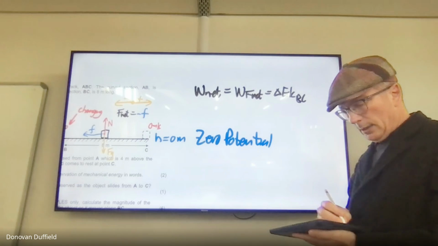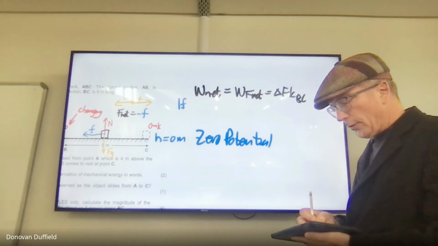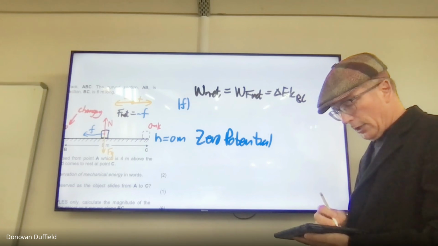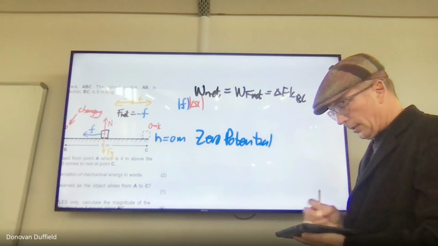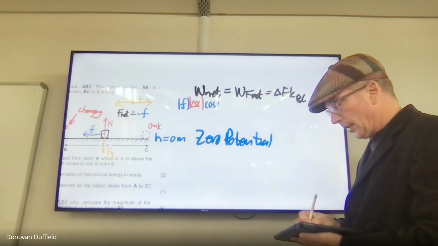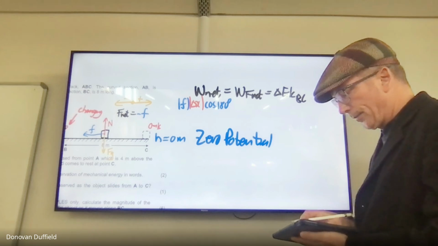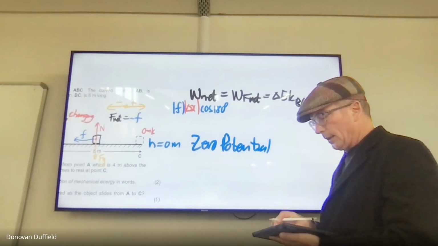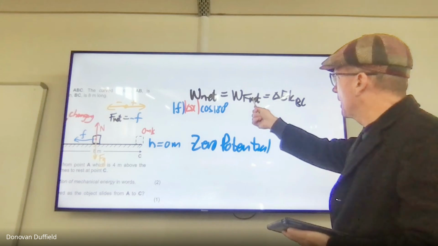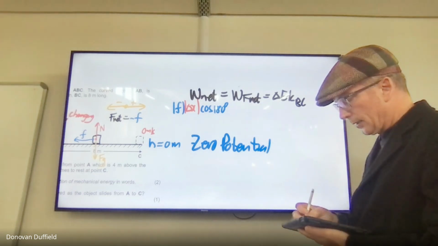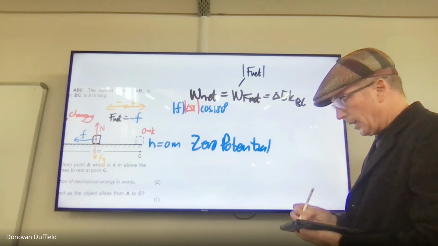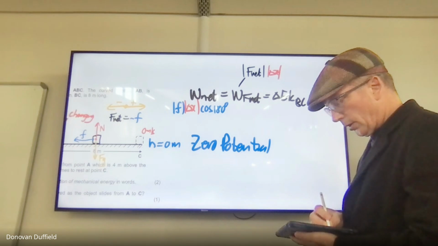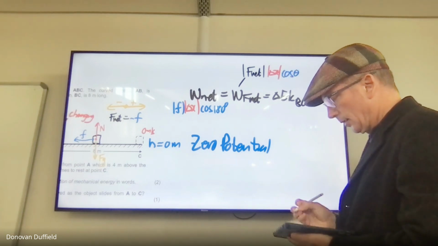So W net would be the magnitude of the friction times the change in position times cos, what did we say? Cos 180. So the left-hand side is exactly the same. Why? Because WF net is the magnitude of F net, delta x, cos theta between them.